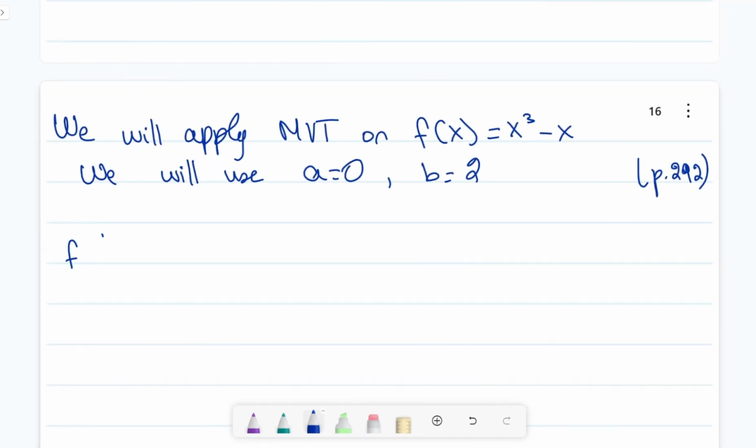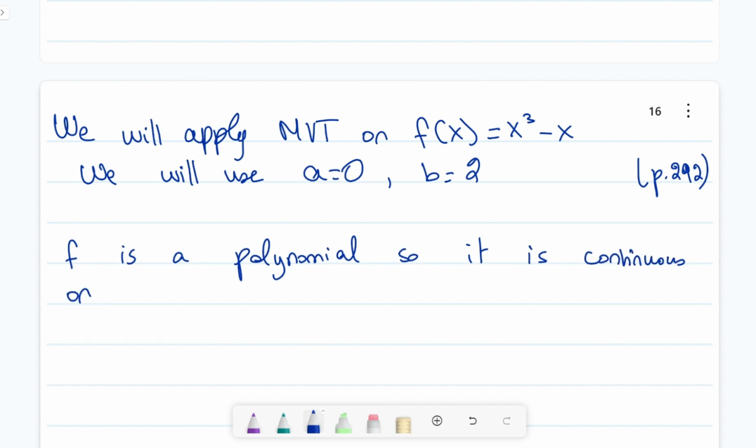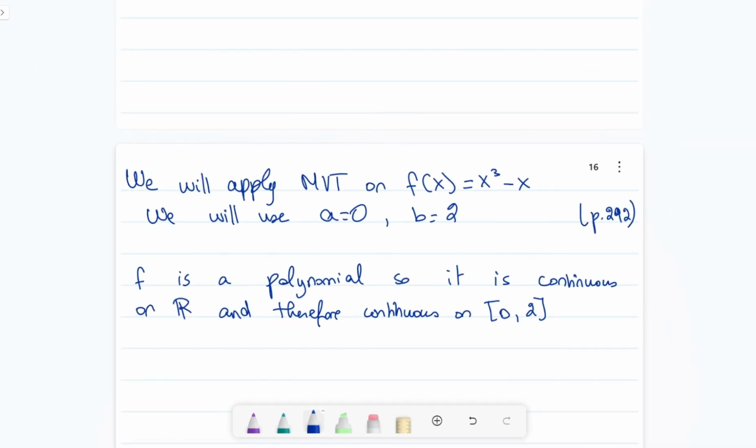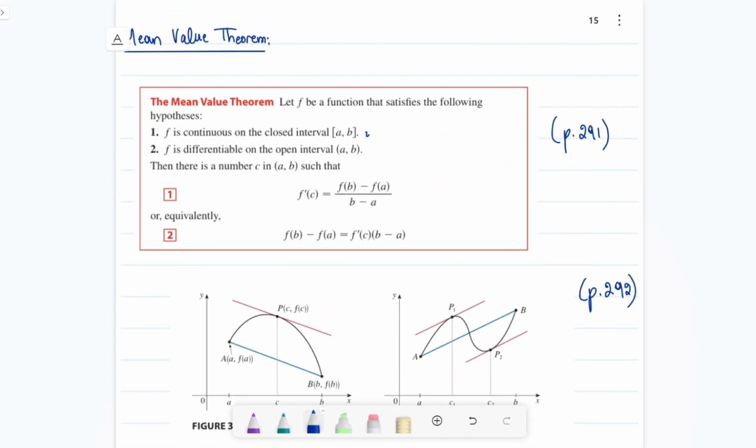So let's start by saying f is a polynomial, so it is continuous on all real numbers and therefore continuous on the closed interval a to b, so 0 to 2. This is condition 1. We got it.